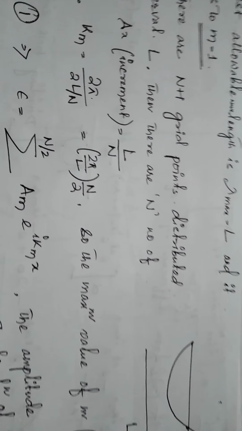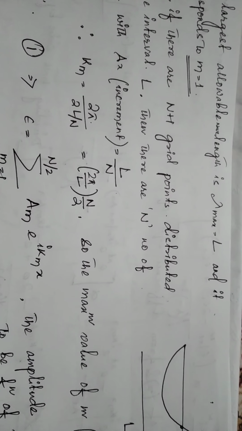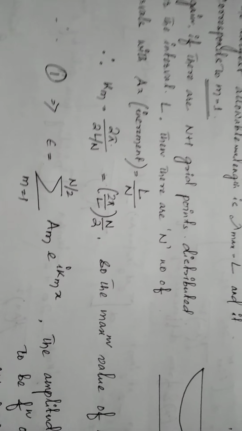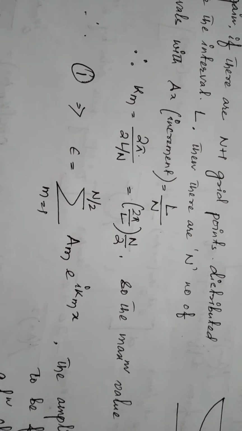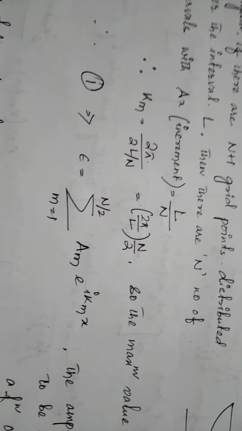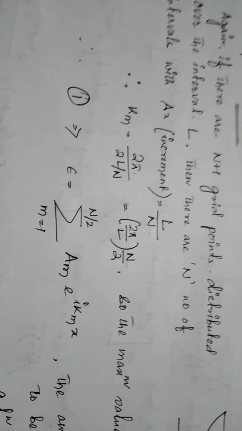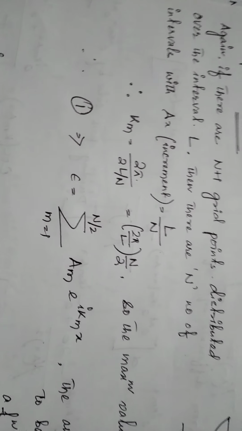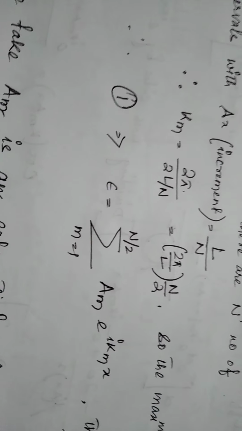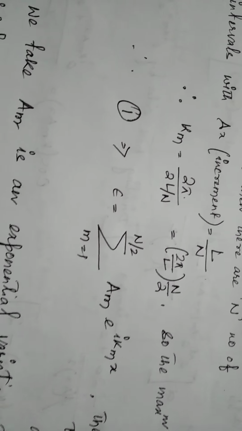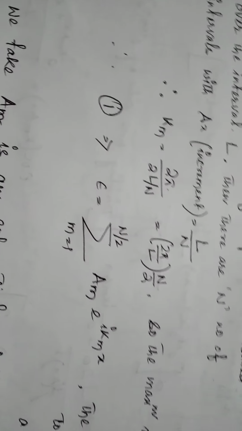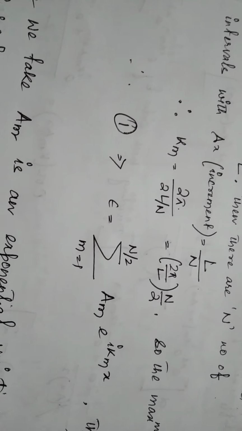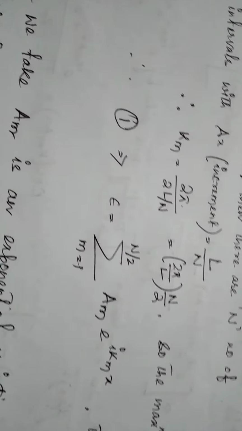So if there is a length capital L, and if there are n plus 1 points on this particular length, these n plus 1 points will give n intervals, and the value of each interval will be capital L by capital N, where capital L is the length of the whole line and capital N is the number of intervals.